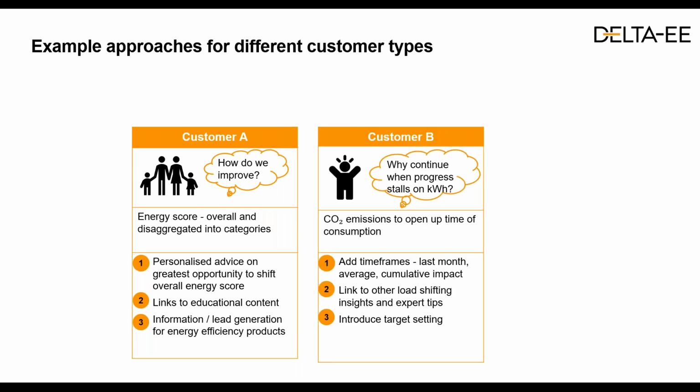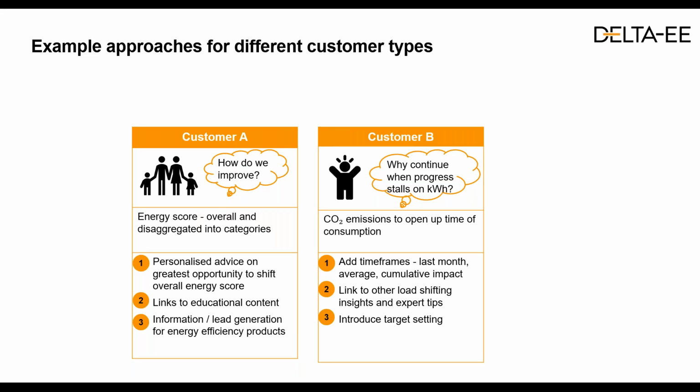For the energy engaged customer who's losing interest because he's in an efficient small flat, there's not much more he can do. He's done all the quick wins and his position in the cohort doesn't seem to change, so he's losing interest. Well, rather than looking at a kilowatt hour metric, you could open it up and use CO2 emissions to open up time of use, and that suddenly brings in a lot of new opportunities to shift that consumption to greener and cheaper times of day.